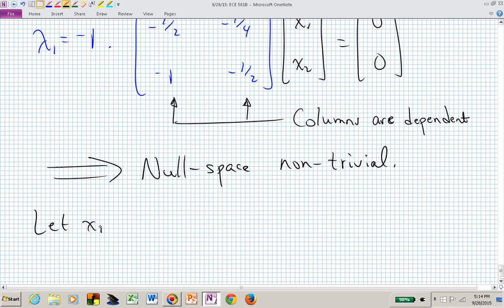Suppose we just pick one of those coordinates. Suppose we just let x1 equal to 1. Then we have -1 times 1, -1/2 times x sub 2 is equal to 0 from the bottom row. And this now allows us to find x sub 2. X sub 2 is what?